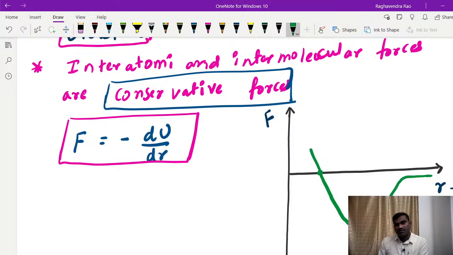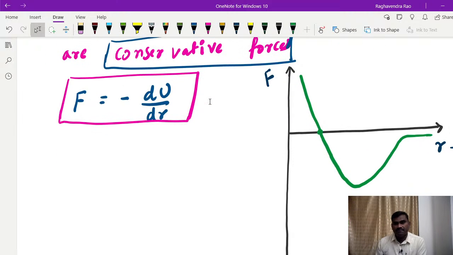Then the repulsive force will dominate. From this graph we can understand this: the attractive force is minimum, and as we decrease the separation between the two atoms, the attractive force increases and becomes maximum.